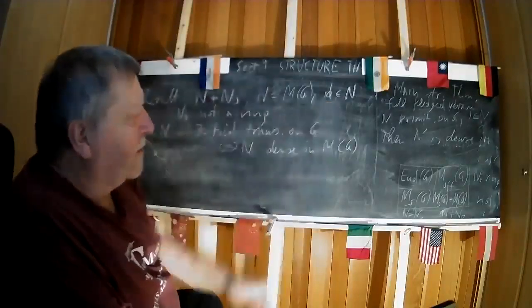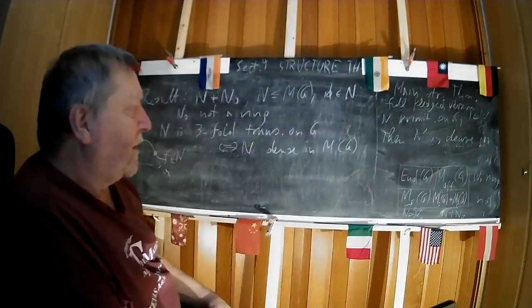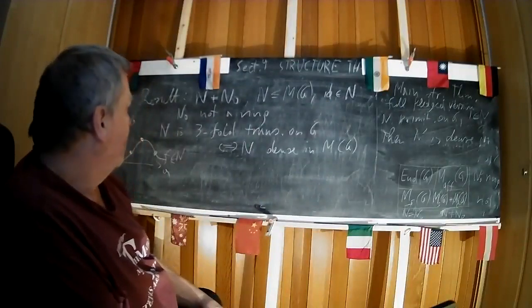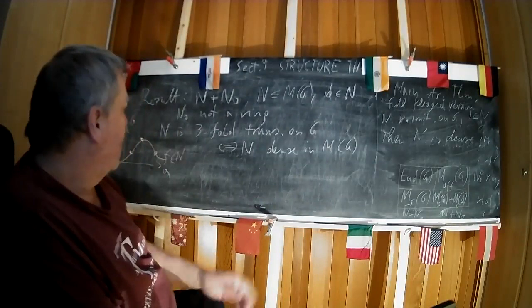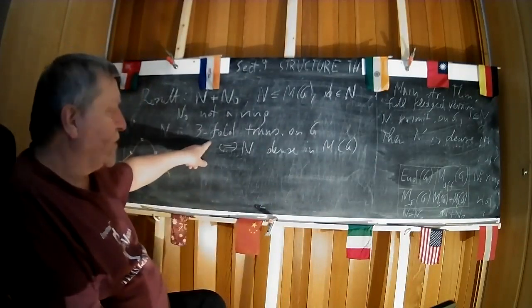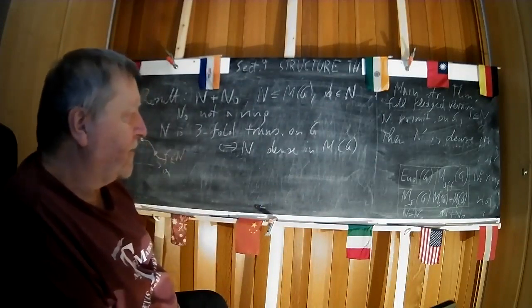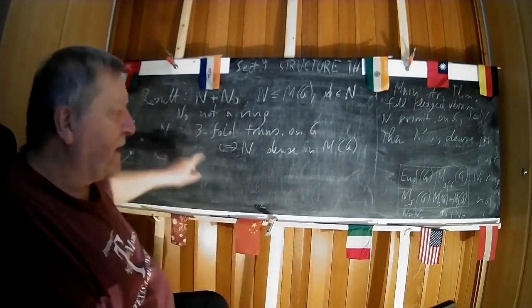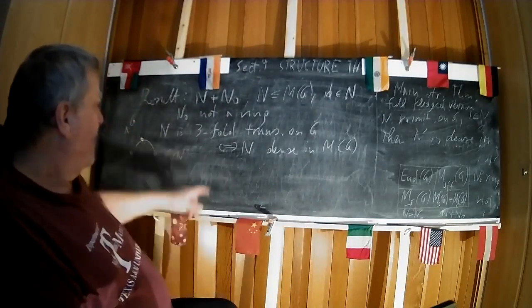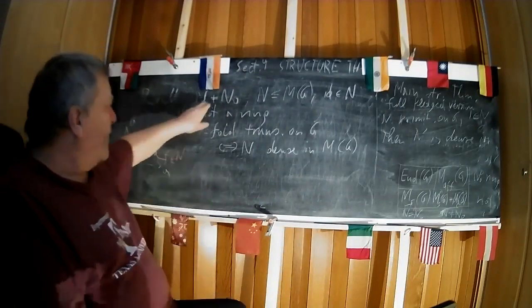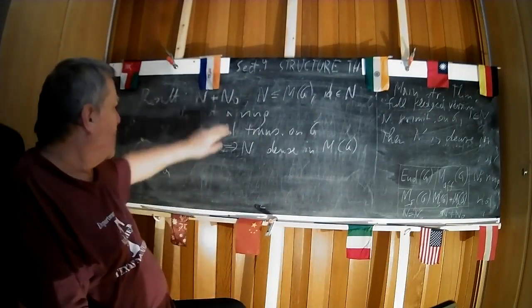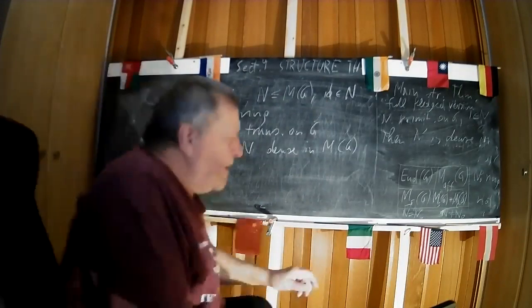So if we look at the main structure theorem, and then if this happens, N is also primitive on G, and so we have that N must be dense in, and now what box do we have? N is not N sub naught, and N sub naught is not a ring.